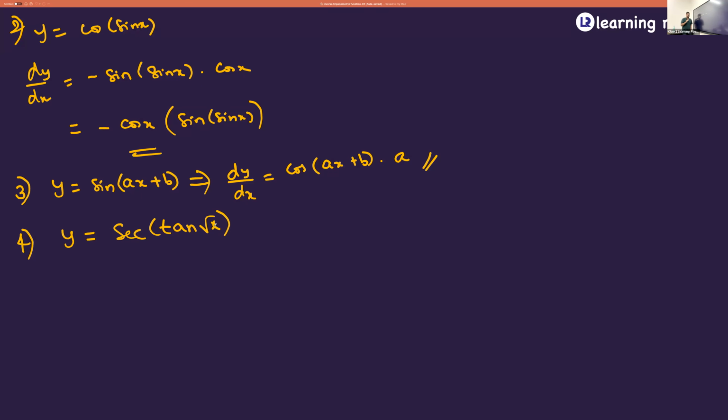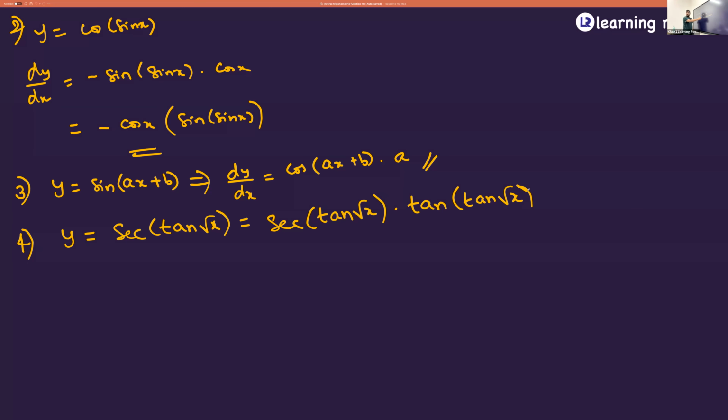What is the derivative of secant? Everybody knows this, right? So it is going to be secant of tan root x into tan of tan root x. This is the derivative of the outside function, the derivative of secant alone.